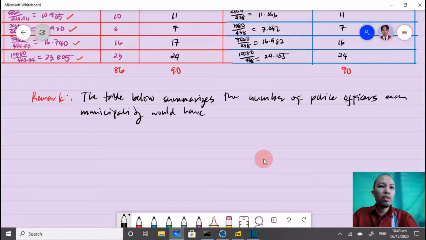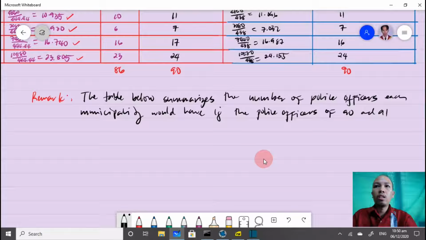if the police officers are 90 and, let's say, 91 members.